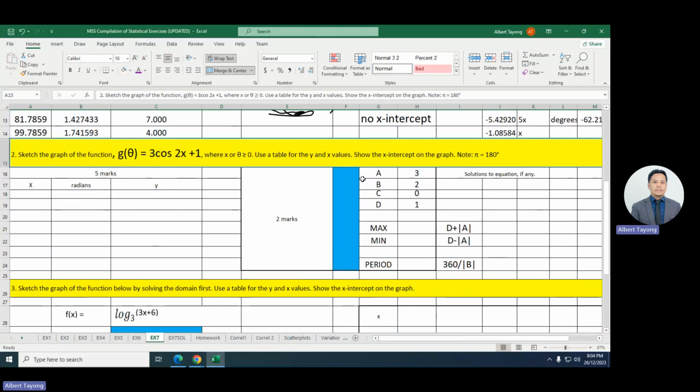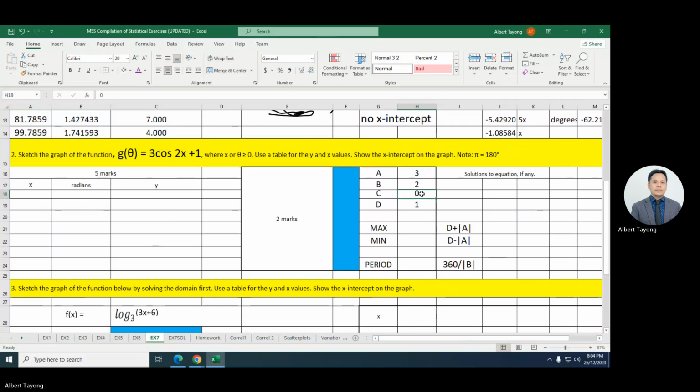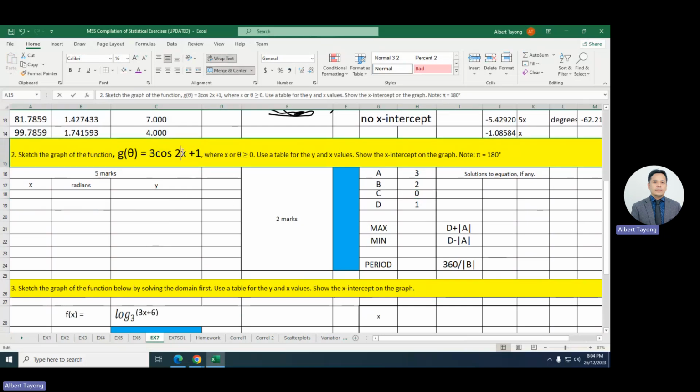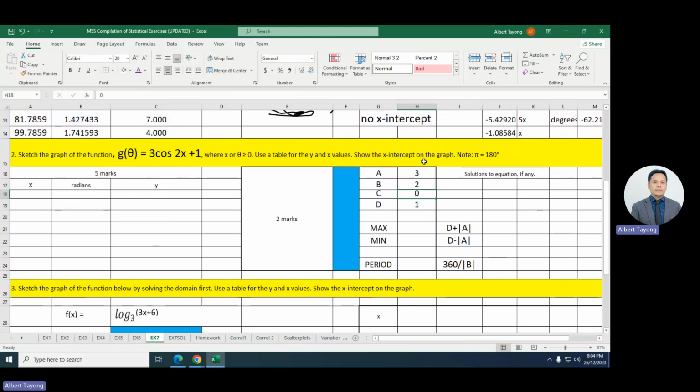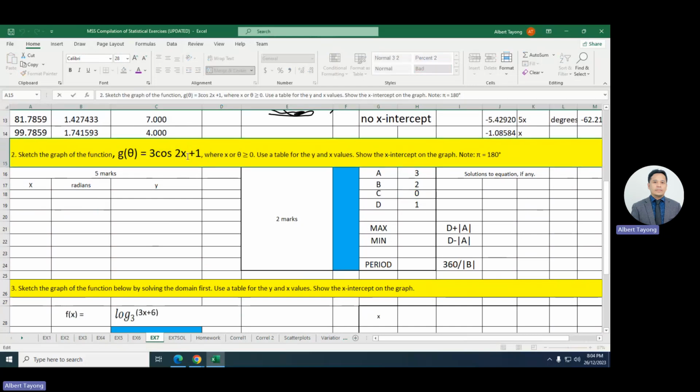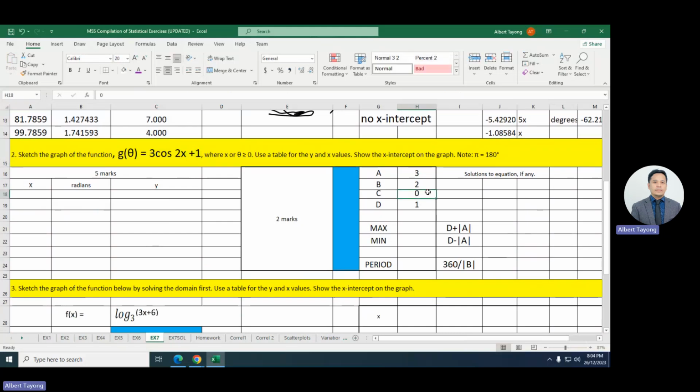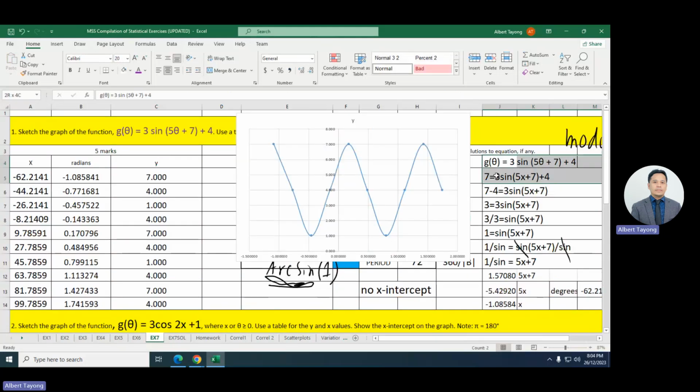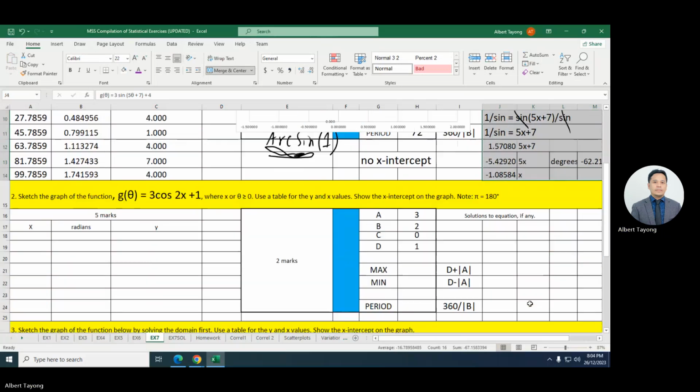Here we don't have, so C is 0. Please remember this. If there is no open and close after the x or theta, C is 0, and this number will become D. So if C is 0, no need to follow all of these steps.